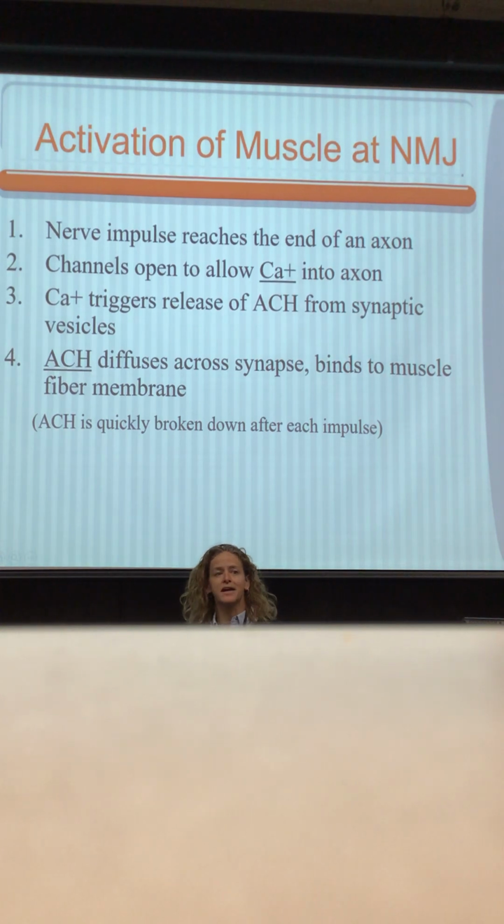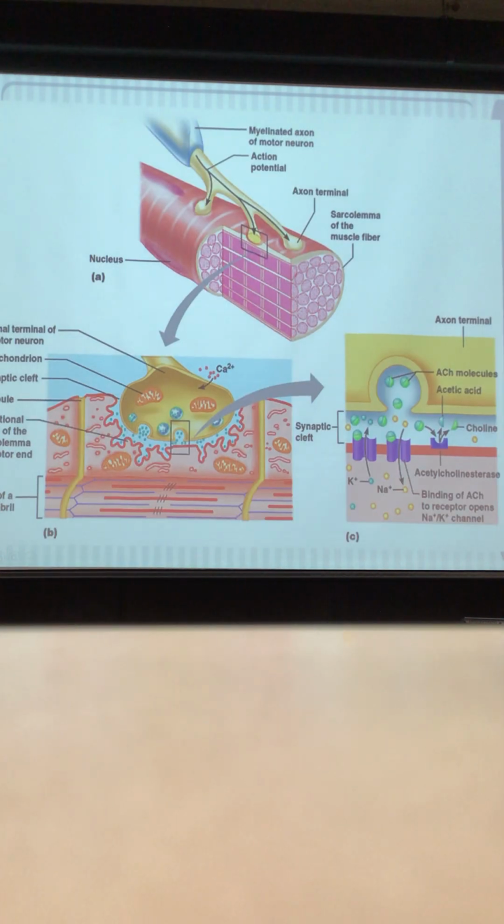A sequence of chemical events. The nerve impulse reaches the end of the axon. That triggers calcium to come in. When calcium comes in, it triggers this little vesicle to go to the end of the nerve. And look, it will release the neurotransmitter acetylcholine across the gap.